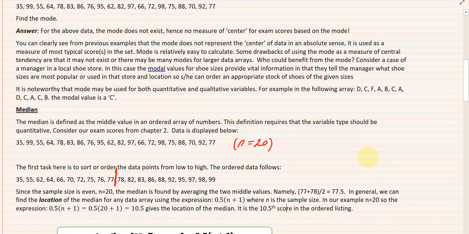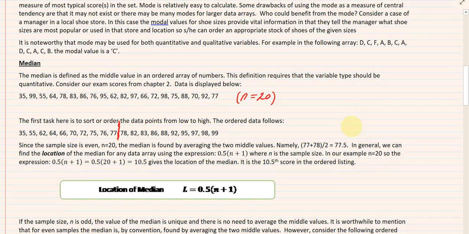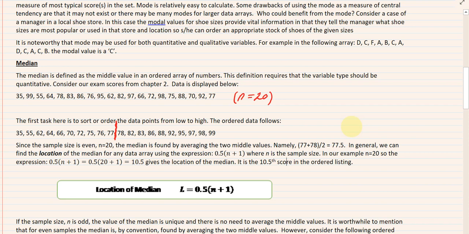Okay. So how do I find the location of the median? We actually have a formula for it. If you do 0.5 times (n plus 1), that gives you the location. That's not the value, this is the location where you can find it.